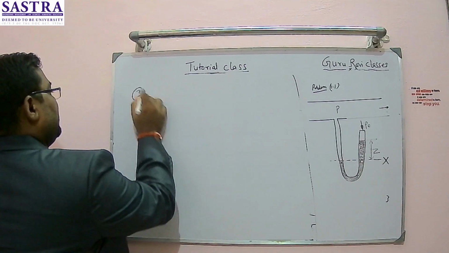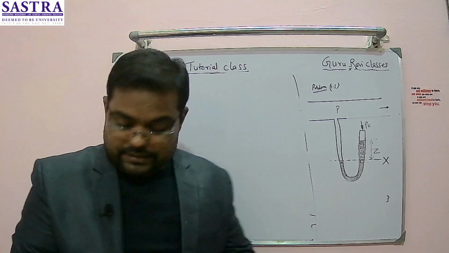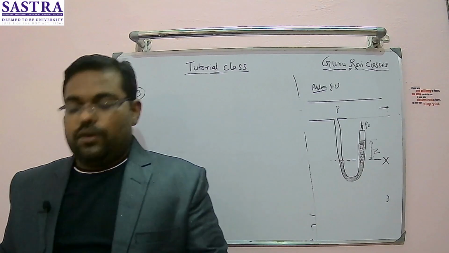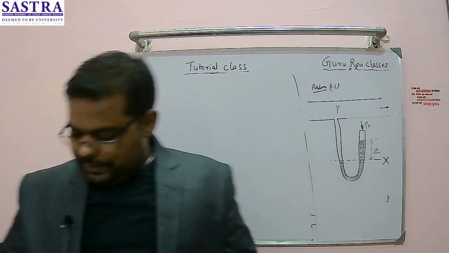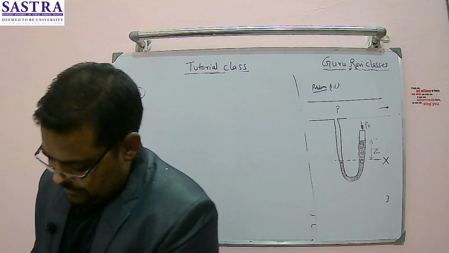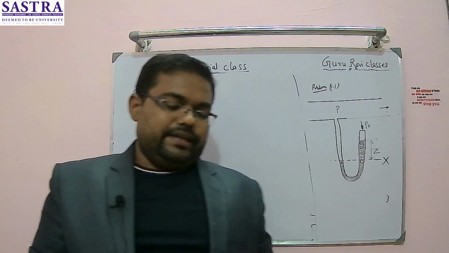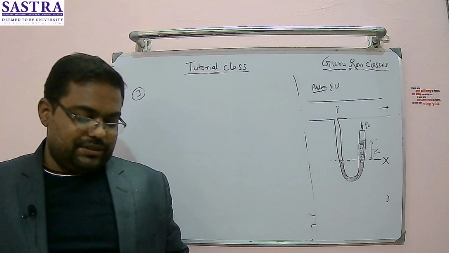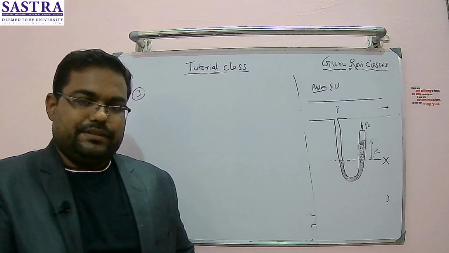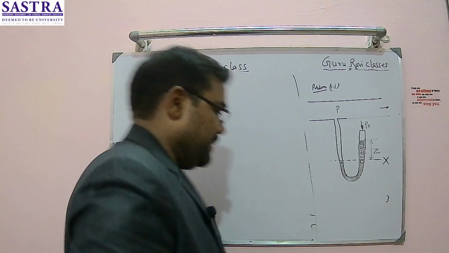The third numerical problem says, convert the following readings of pressure to kilopascal, right? It is asking to convert the following readings of pressure to kilopascal, assuming the barometric reading is 760 mm of mercury.